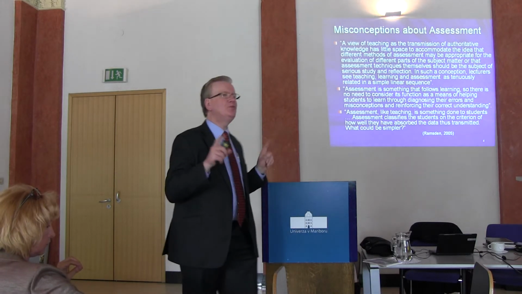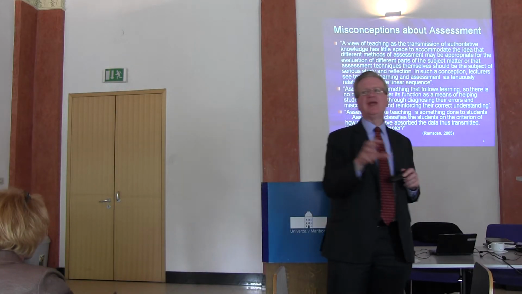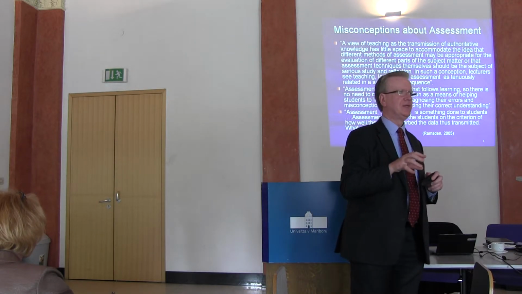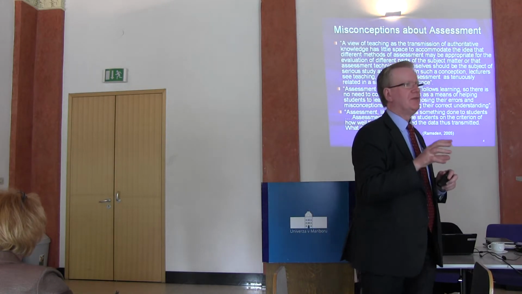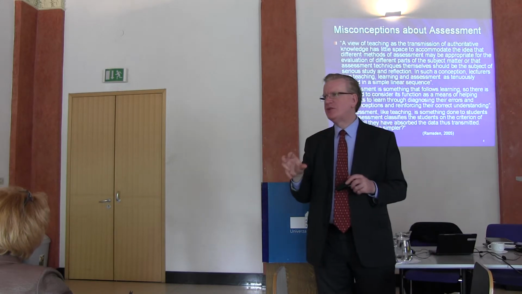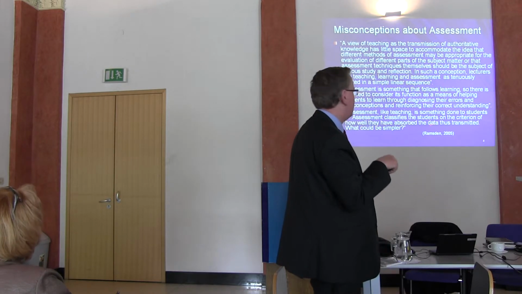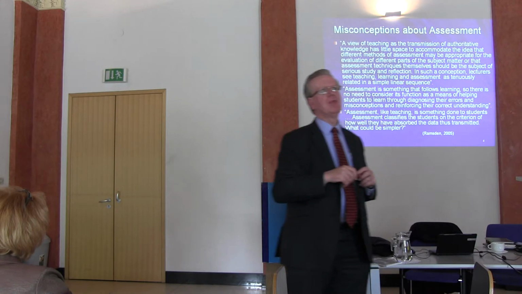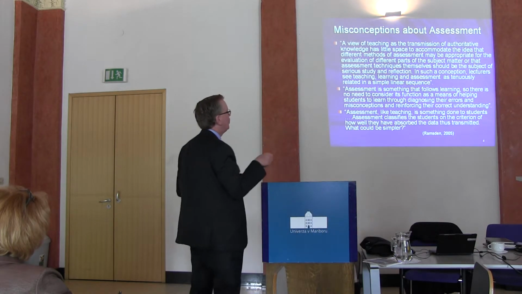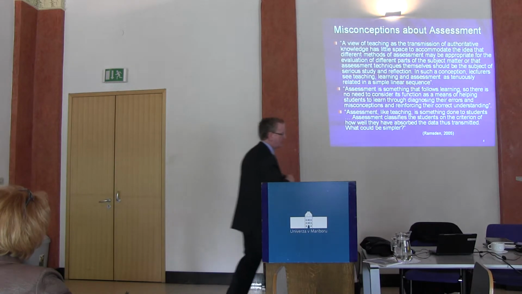Now, there are two books which I think everybody teaching at university should have in their office. These two books are all about how to be a really good teacher at university. And one is by Paul Ramsden. In that book, Paul Ramsden talks about various misconceptions about assessment.